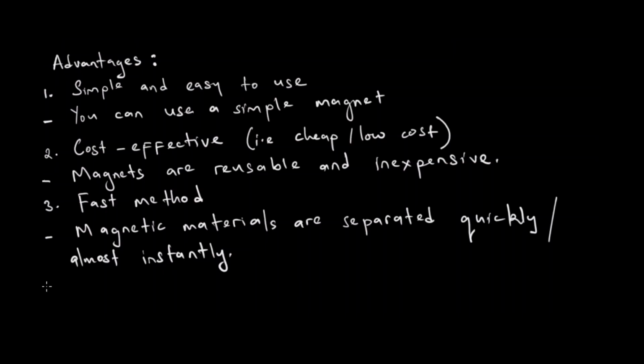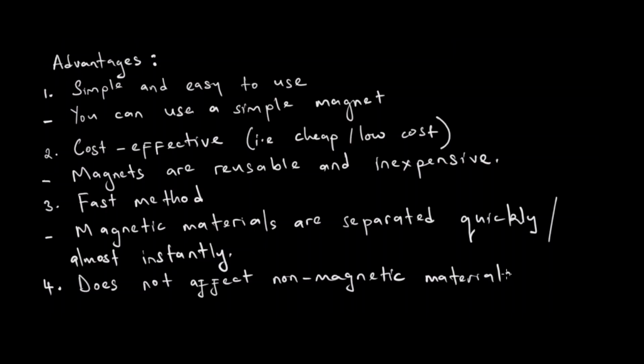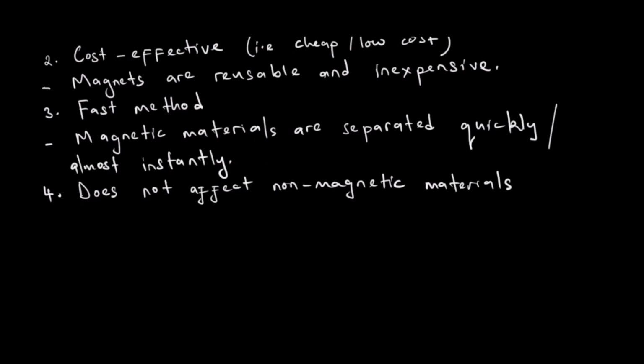For our number 4 among the advantages, we can talk about how it does not affect non-magnetic materials. Very important. But this is going to twist and become itself a disadvantage. But it does not affect non-magnetic materials. Let us put a supporting point here.